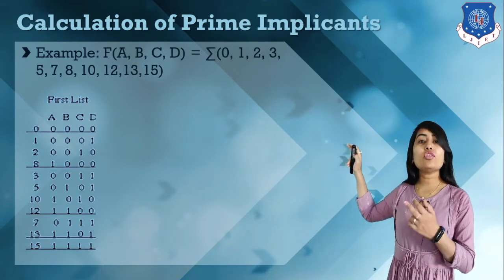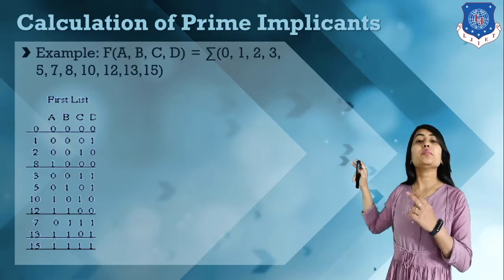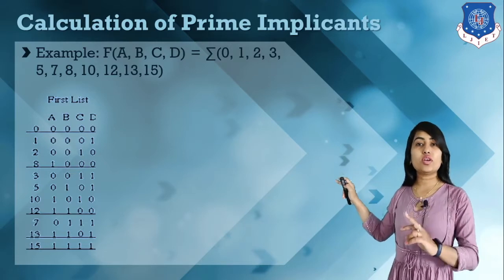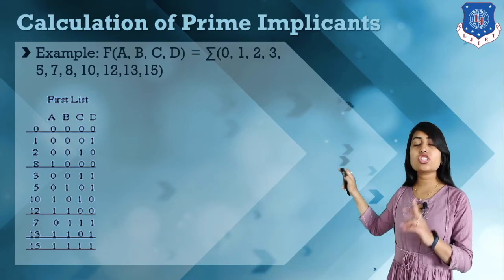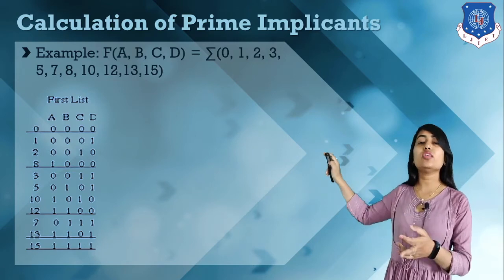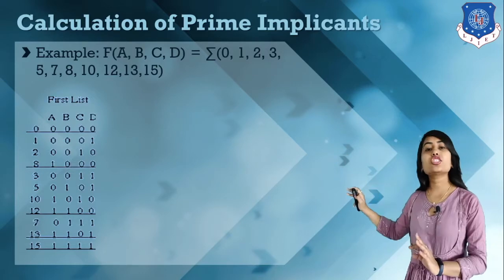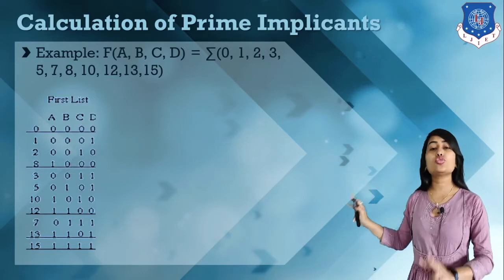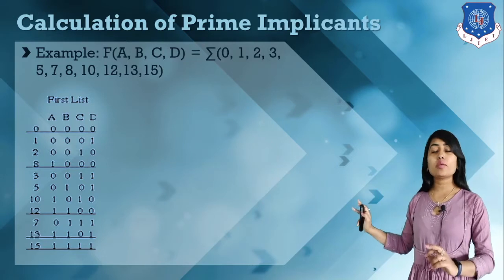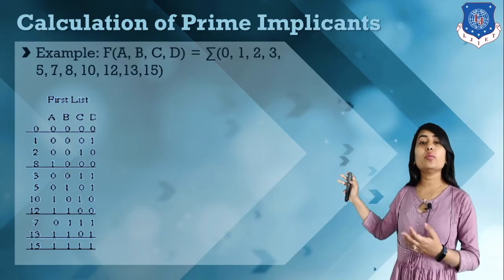Then we have 1, 2, 8, which is in the second group with number of ones one time. In this binary representation the number of ones is one, so here we write 1, 2, 8. Then the next group is the number of ones 2 times, so here we write 3, 5, 10, 12. Here the binary representation has number of ones 2 times.